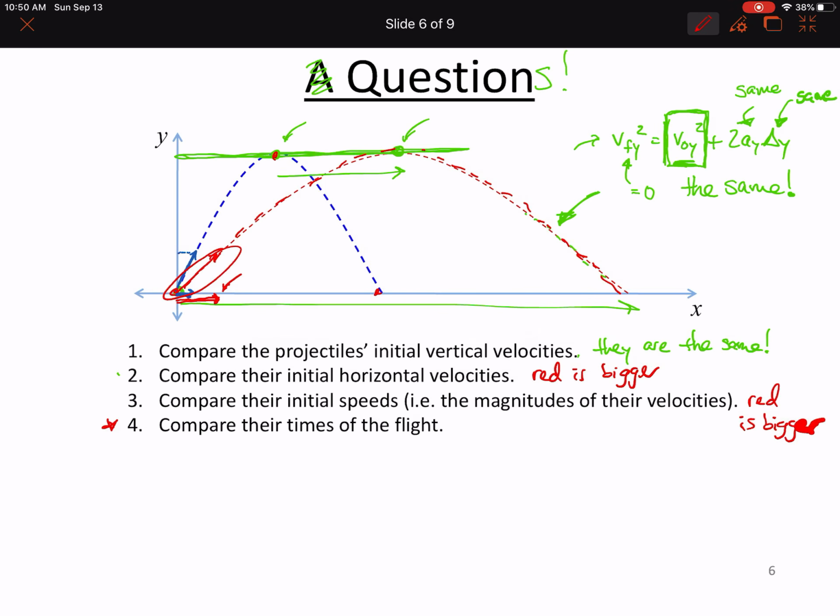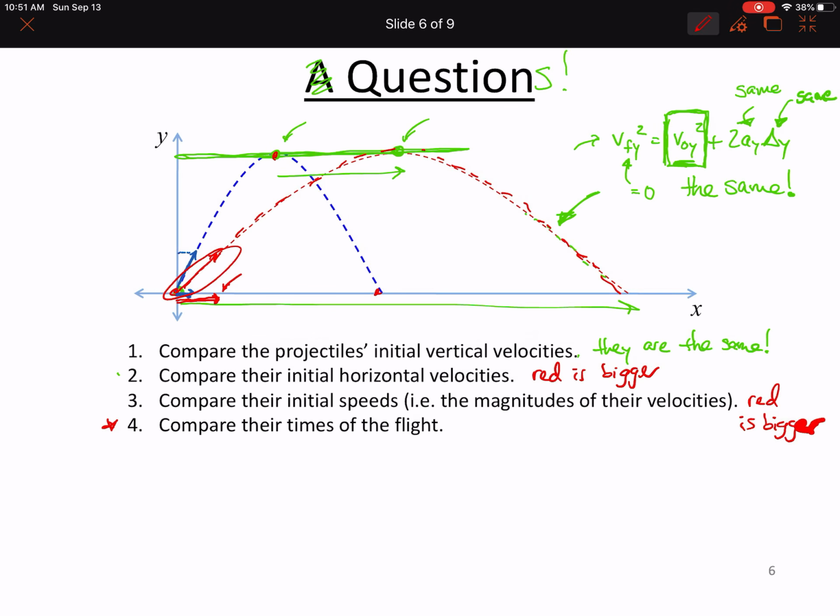And if you just concentrate on the vertical motion, which you can do, those two things are completely independent for projectiles, then there's no difference between them. And so you would expect the time that they spend in the air to be exactly the same, like a ball that you threw straight up twice to the exact same height. You would expect to get the same time of flight for both of those things.